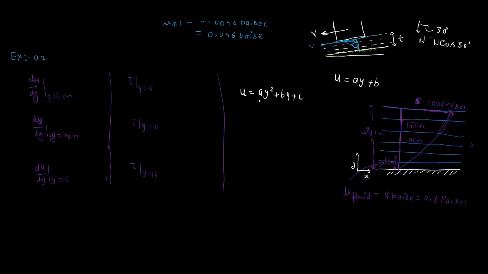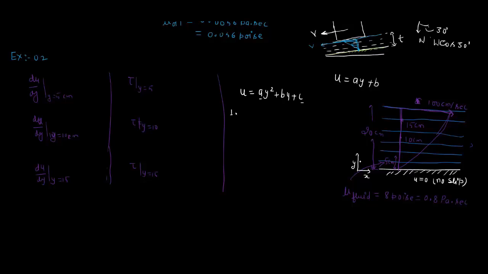So in this case I have three constants a, b and c. To solve for the three constants we require three boundary conditions. So what is the first boundary condition? As we know, the layer exactly at the solid surface has zero velocity, because of the no slip condition.